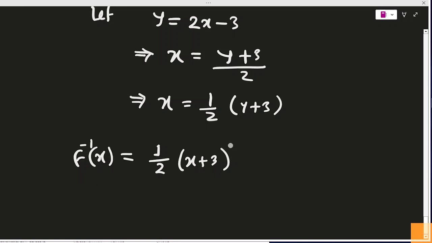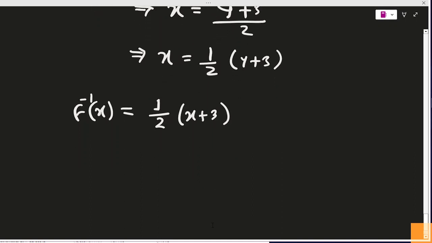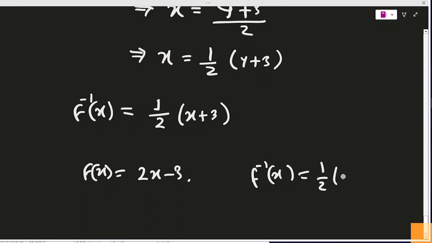From this we have made the inversible function here. Now you can check, is it inversible? f of x is equal, हमें क्या दिया था, twice x minus 3 दिया था, मैंने कहा f inverse of x is equal half of x plus 3. So this is the inverse function, problem यहाँ पे खत्म हो चुका है, solved, right.